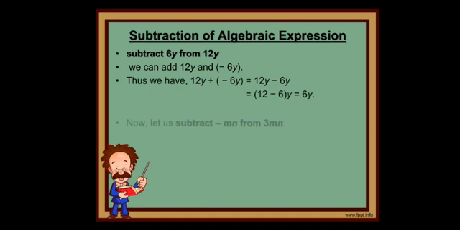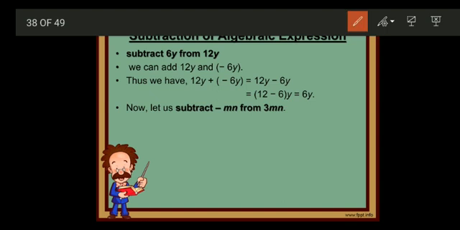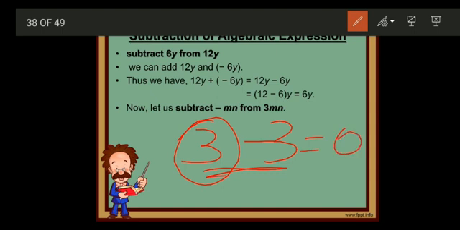Okay, now let us subtract minus mn from 3mn. So before doing this, we'll see what is additive inverse. If 3 is there, additive inverse of 3 is minus 3. When you add these two things, you will get 0.